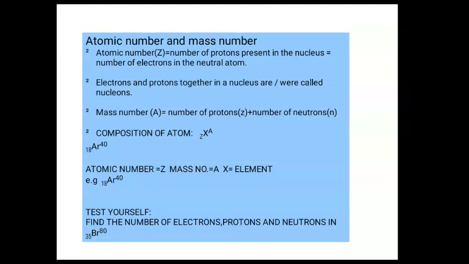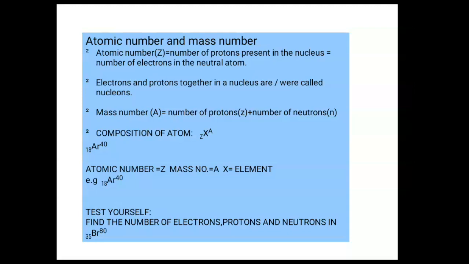Now the next is how to represent an atom, the composition of an atom. An atom can be represented by writing its symbol and then writing its atomic number and mass number in the form of subscript and superscript. For example, if the element is X, the atomic number Z will be the subscript and the mass number A will be the superscript.